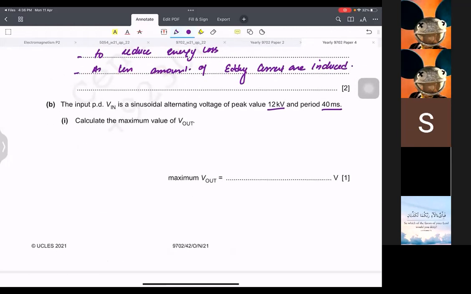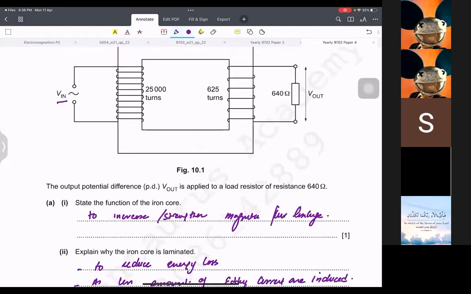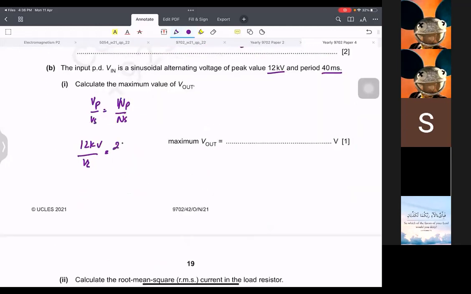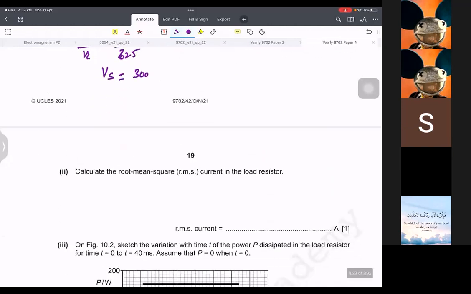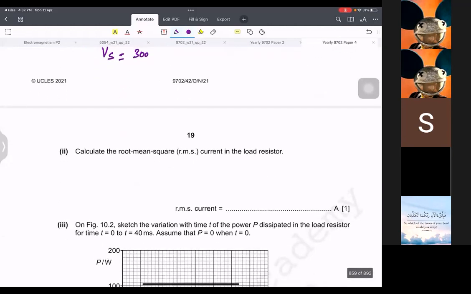So you can use Vp over Vs equals Np over Ns. Vp is 12 kilovolts, we want to find Vs. Can you tell? 300. Okay, that's good. 300 volts.